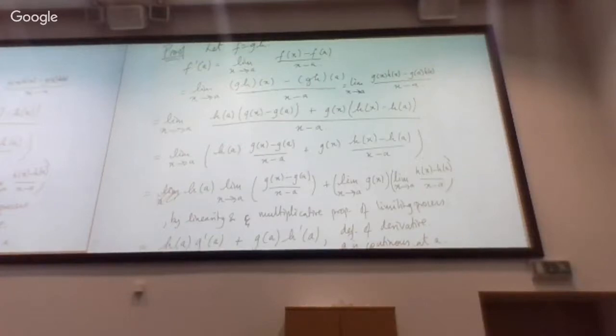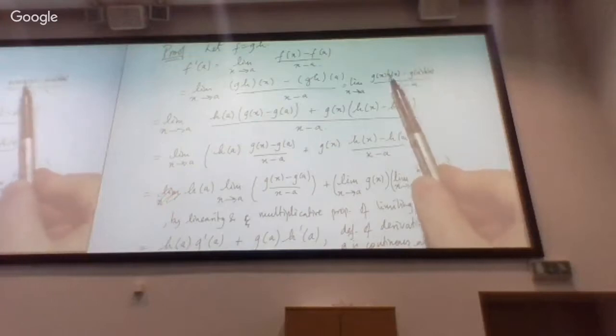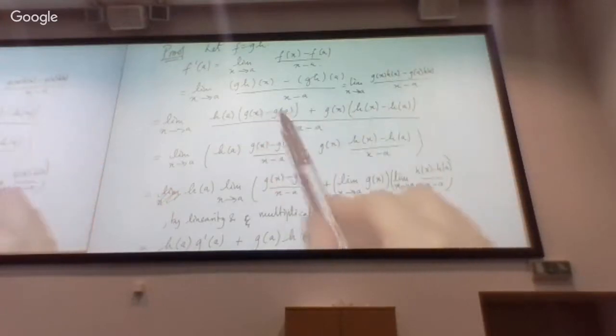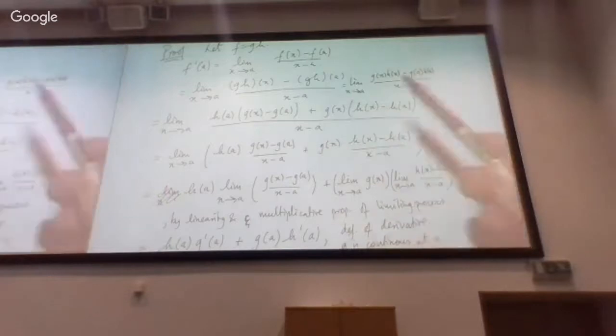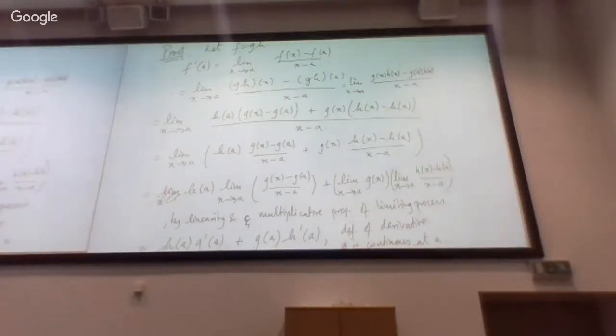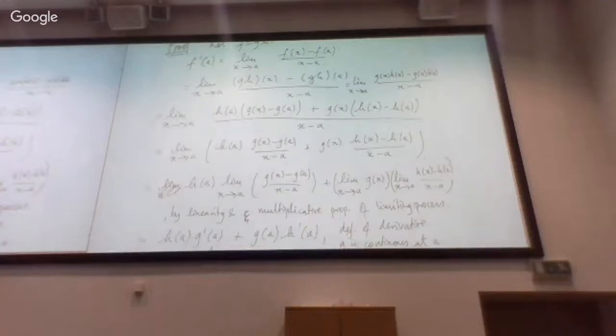So if you want to turn this expression into something involving the derivatives of g and h, you have to draw those out. So this single difference of quantities here can be rewritten as this combination of the difference of g's and the difference of the h's. As you look at it and you look at the result you're trying to get to, you see it's less and less mysterious. Any comments on that?